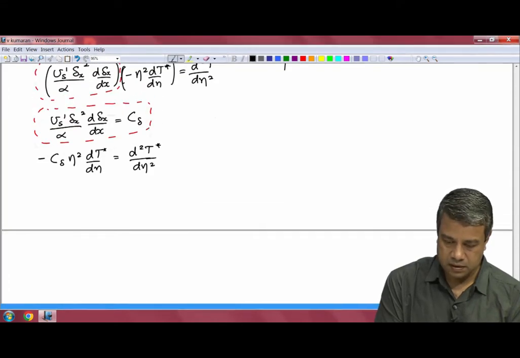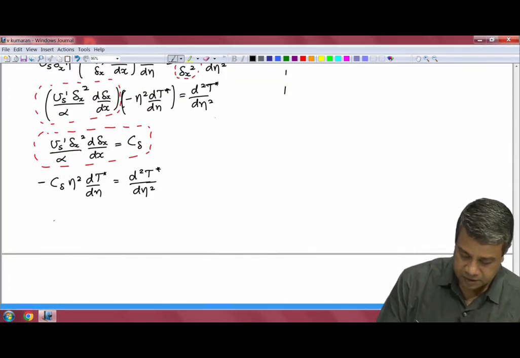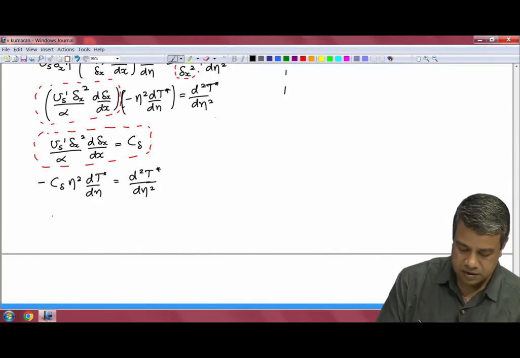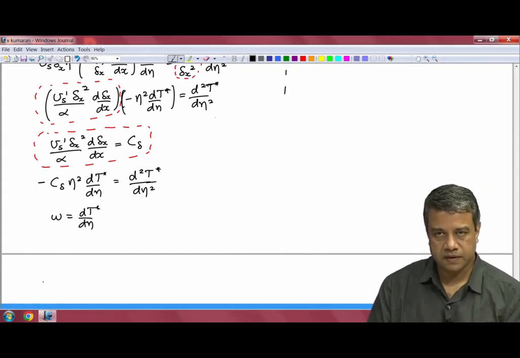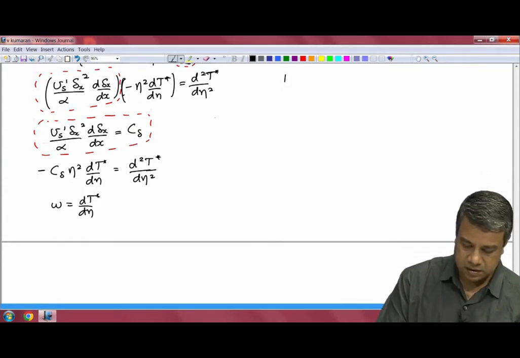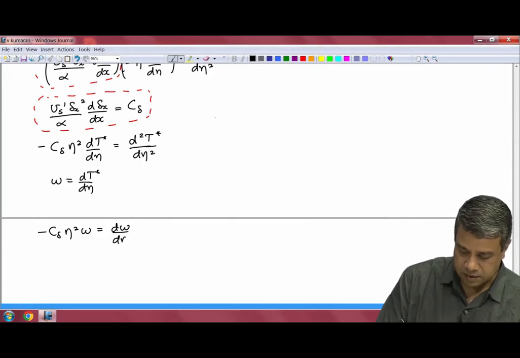Okay. So, first let us solve the equation for eta. You can do the substitution, w is equal to dT star by d eta, the first derivative. So, I will get minus C delta eta square w is equal to dw by d eta.